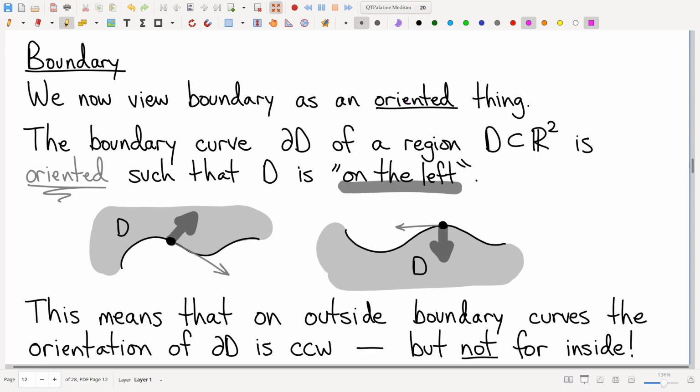Vector line integrals require an oriented curve. If my curve is a boundary of something, I'm going to need to know what the orientation is. I need to know which direction to go along that boundary curve. So we need a convention.